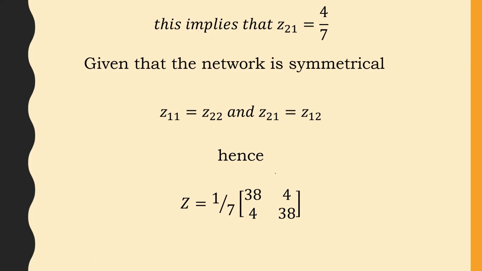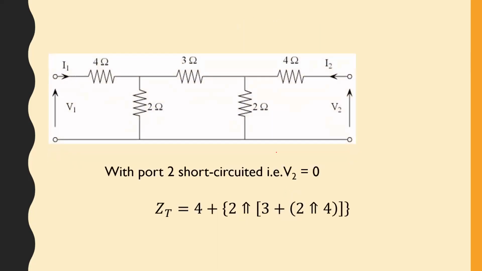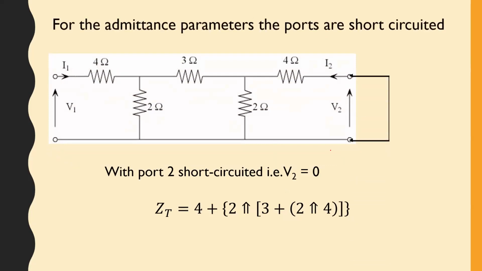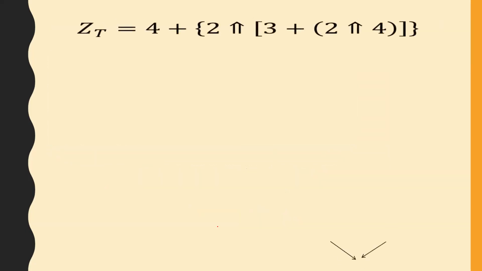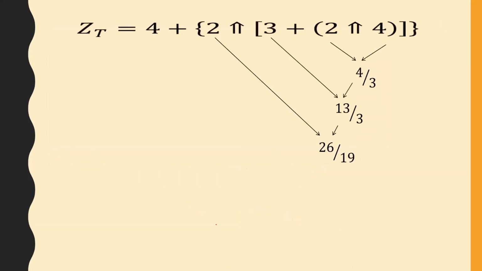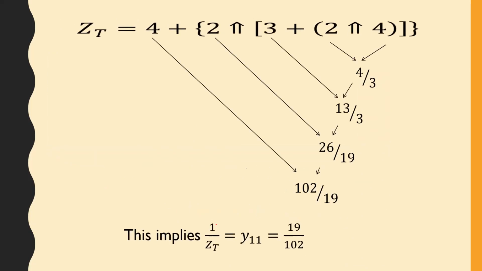We then went on to the admittance parameters for Y11. And of course, to do that, we short-circuited the port, yes? For Y11, we found ZT looking in and then found the reciprocal. So Y11 is 19/102.